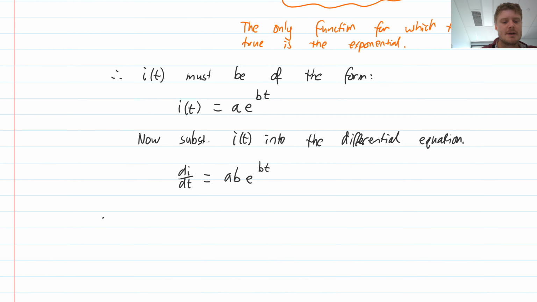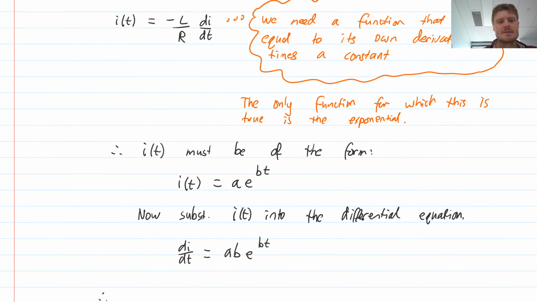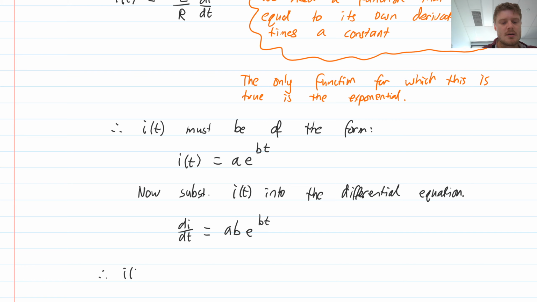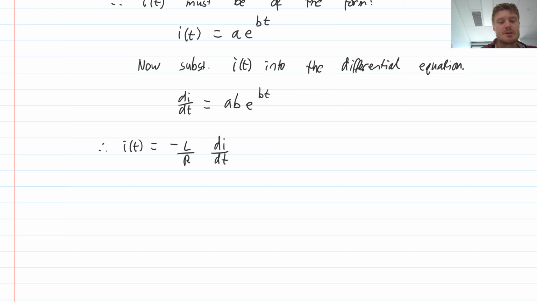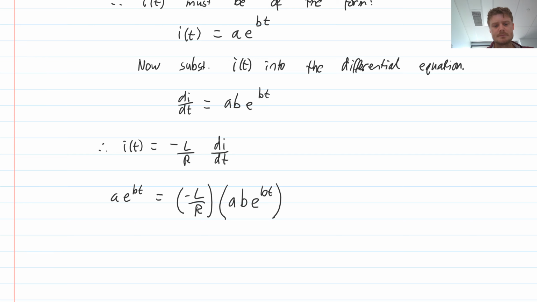Our equation was I of t is negative L over R times di dt. Let's sub in what we are assuming: a e to the bt is equal to negative L over R times a b e to the bt.